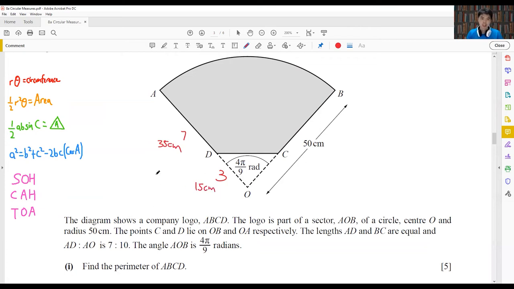So the first question, they're asking us to find the perimeter of ABCD. ABCD would be adding this and this. So we already know that these two here are 35 and 35. First, we're going to find the arc of the sector.